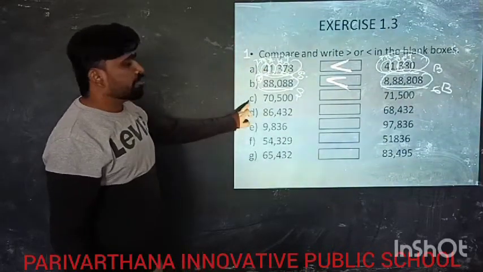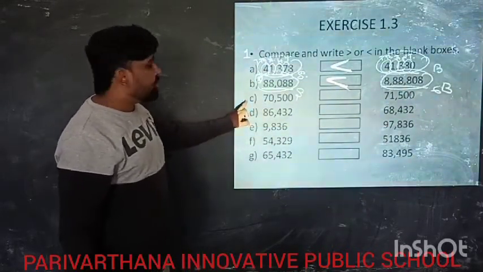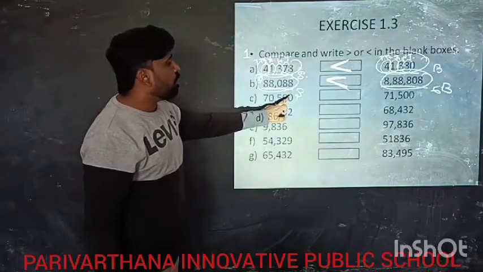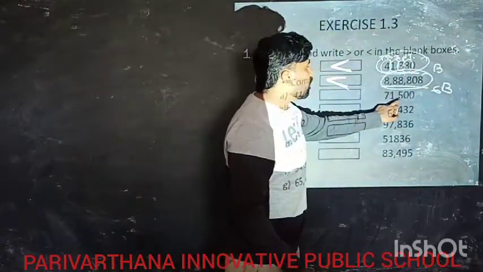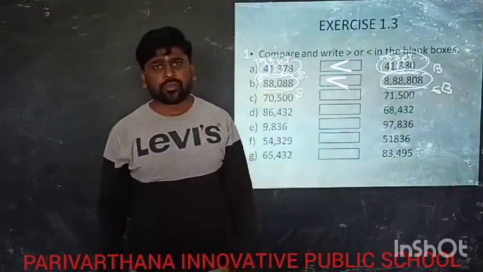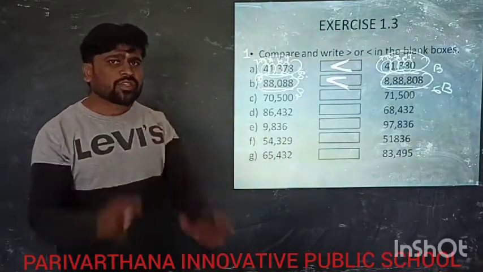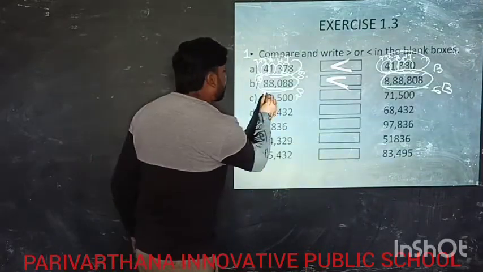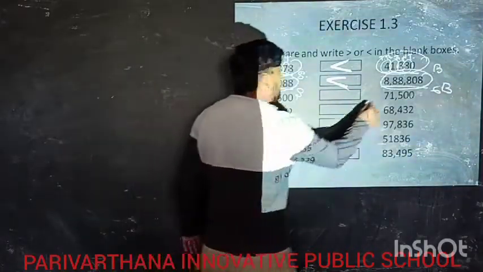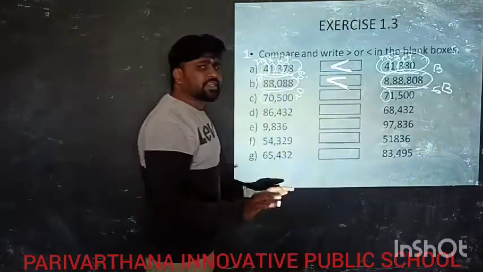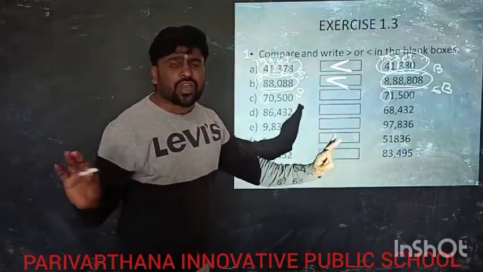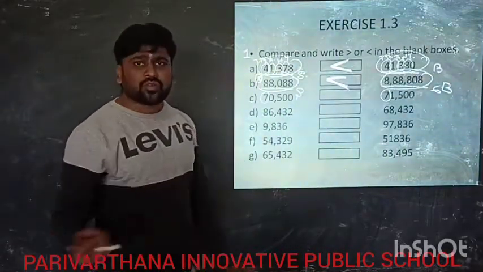Now come to the third one. First count the number of digits: 1, 2, 3, 4, 5. Okay? With the first step, we cannot find out which is the small number and which is the big number. Now come to the 10,000 place, it is 7. Again the 10,000 place is 7. Again we cannot find out which is small and which is big.